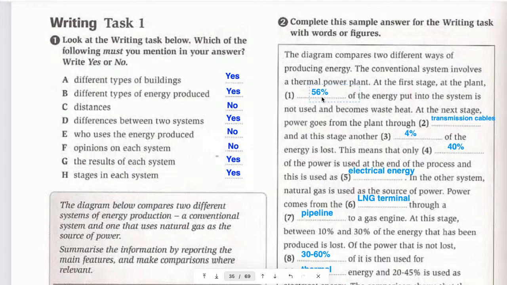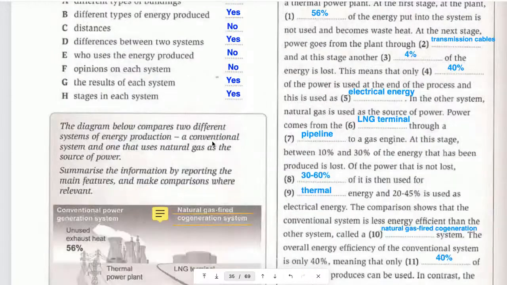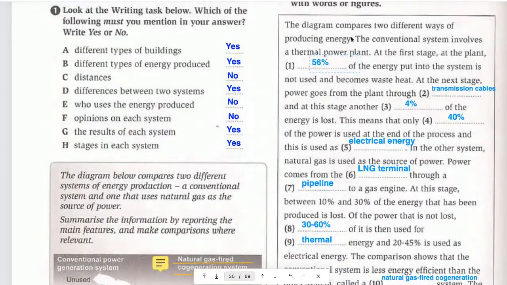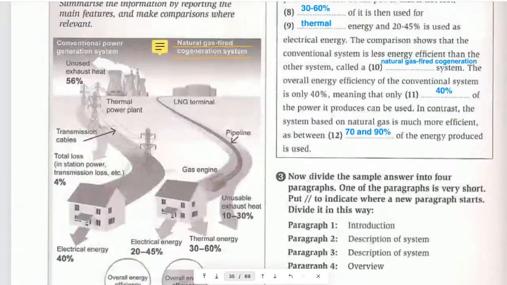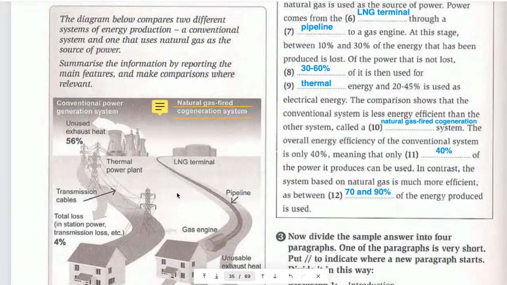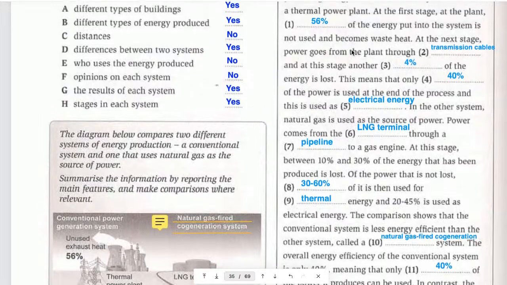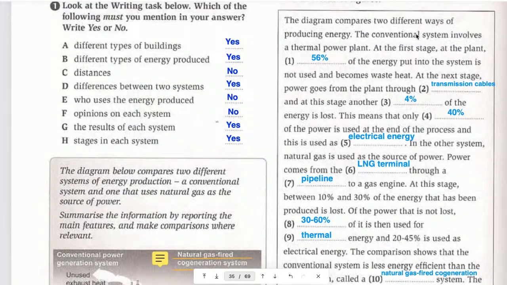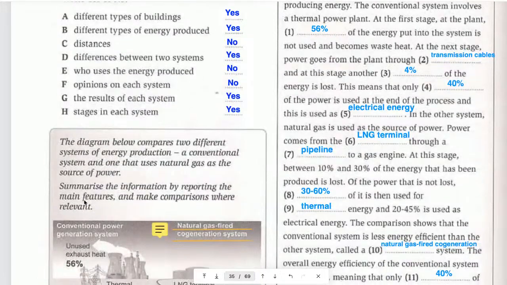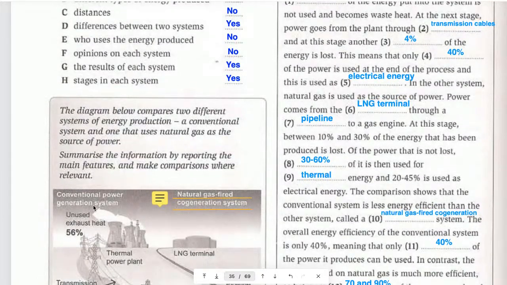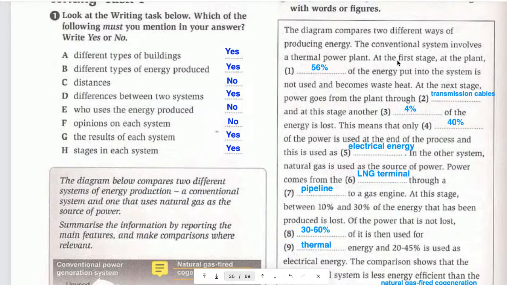Okay, the answer for the first one is 56%. Here, the diagram compares two different ways of producing energy. We can see two different ways of producing energy, right? And then what? The conventional system involves a thermal power plant. The conventional system, that is the one on the left side, right? Conventional power generation system. How can they describe this? The conventional system involves a thermal power plant.